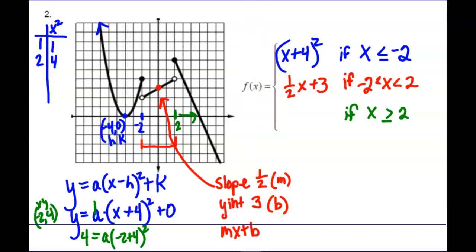And the last one? Can anybody tell what this slope is doing? Be careful. Eyeballing it, you should know right away it has what kind of a slope? Negative slope, okay? It's going down 2 and right 1, down 2 and right 1. So this piece has a slope of negative 2.